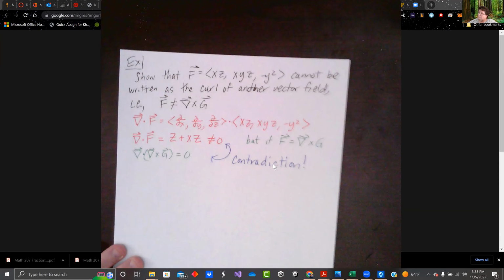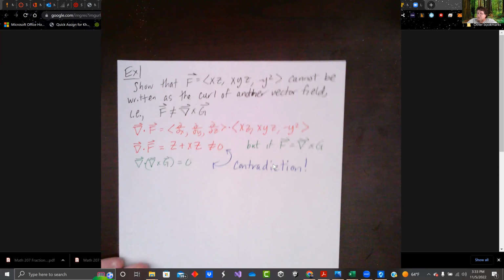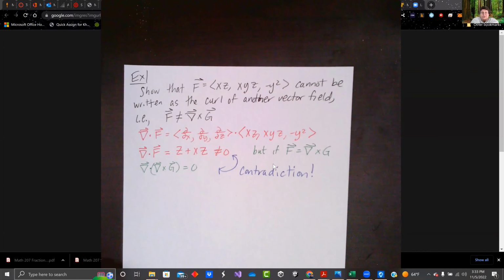Let's look at an example where we show one vector field cannot be the curl of another. So we have our F is xz, xyz, negative y squared. We've used this in a couple of videos. This cannot be the curl of another vector field, which means F is not del crossed with G. How do I know?